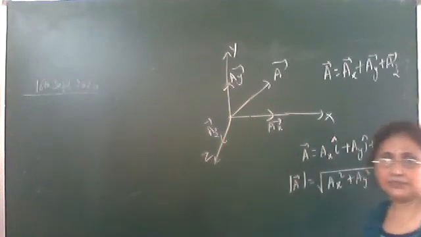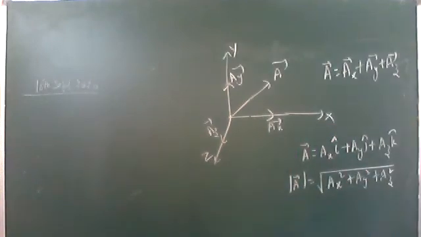Leave it, only this much. The magnitude of A vector will be equal to under root ax square plus ay square plus az square. Written? Yes, ma'am.